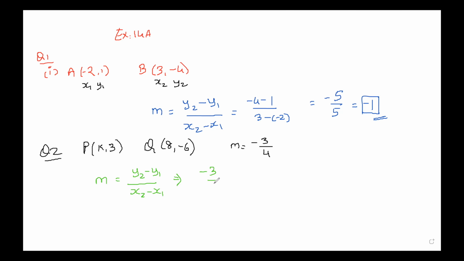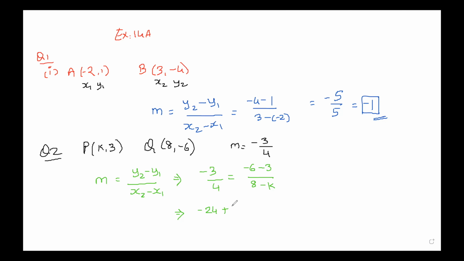You get -3 upon 4 on the left hand side equals (-6 minus 3) upon (8 minus K). Then you cross multiply and find the value of K by solving the equation.